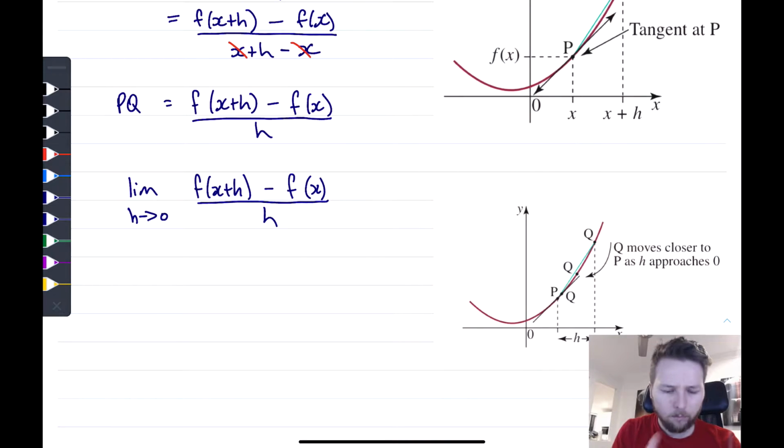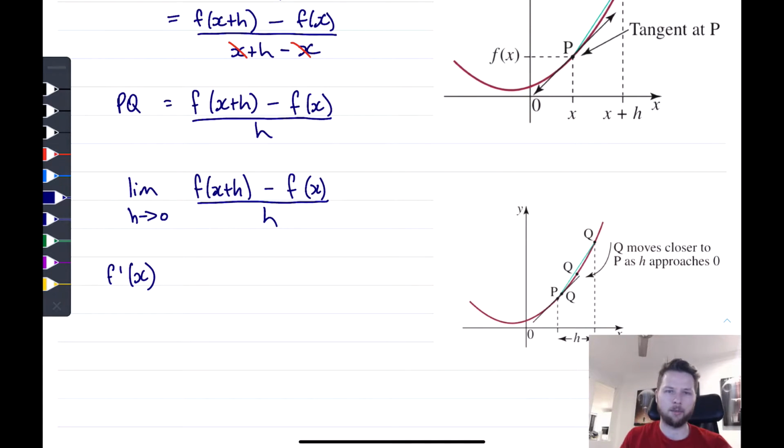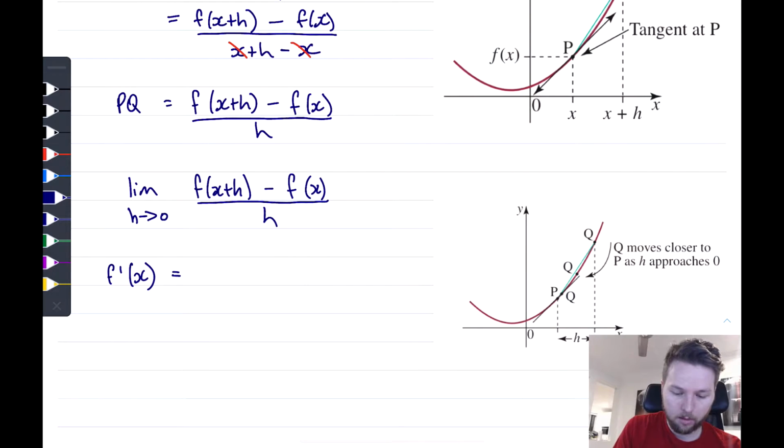Actually, before we get to the example, we can formalize this rule. This is the instantaneous rate of change, and we use f dash of x, f prime of x, and that stands for the limit as h approaches 0 of f of x plus h minus f of x, all divided by h.